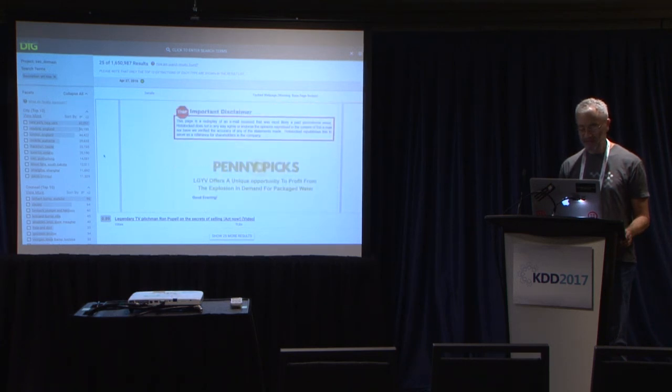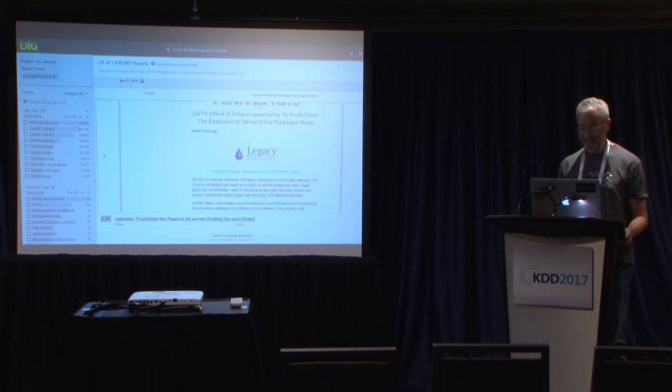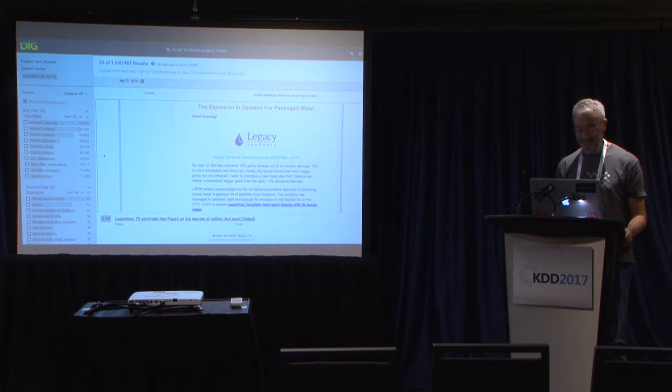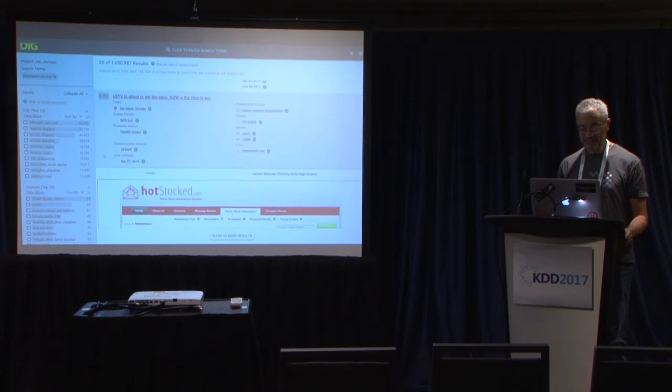So, "Penny Picks, LGYV offers a unique opportunity to profit from the explosion in demand for packaged water." So they sell packaged water. Sounds like bottles? I don't know. These are the information.